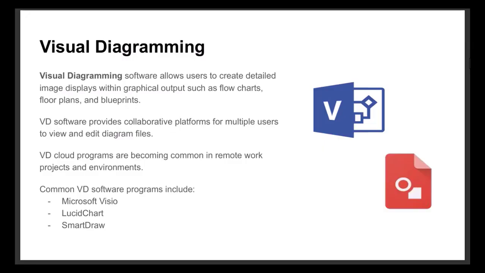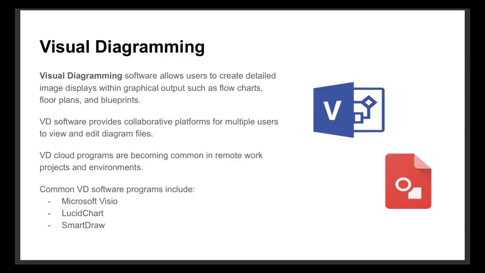Collaboration is where we can have multiple users that have the ability to view and edit the files that we create in the software. Visual diagramming software is frequently cloud-based. This allows our users in remote locations to access their different visual diagramming projects. Some common visual diagramming software you will see include Microsoft Visio, Lucidchart, and SmartDraw.